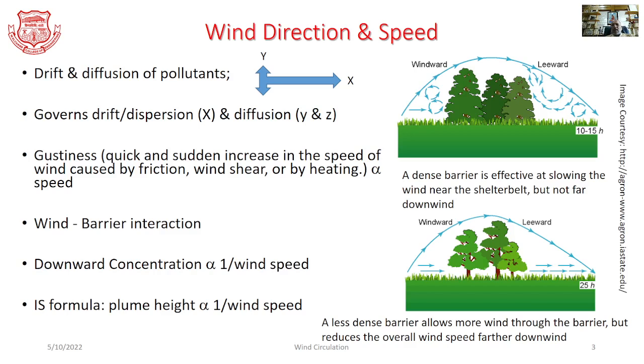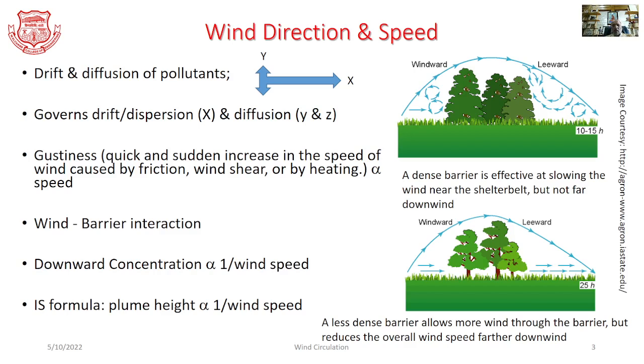Various topographical features, depending on their geographical placement, will also be heated in different manners, and hence it will also cause gustiness. So this gustiness is in proportion with the speed.